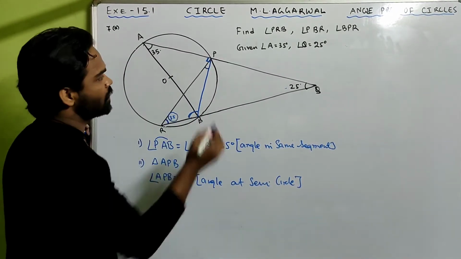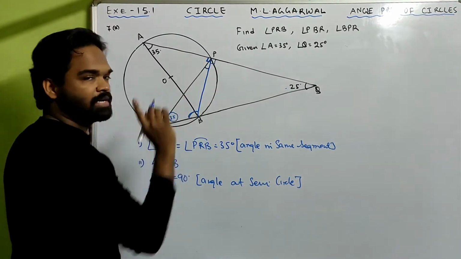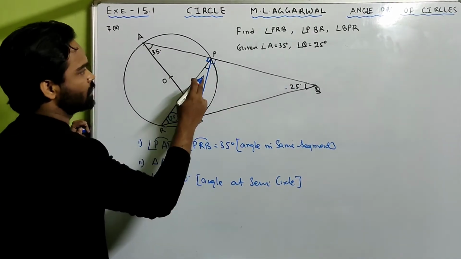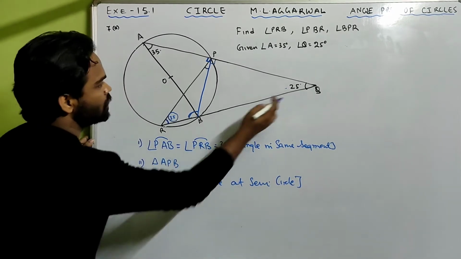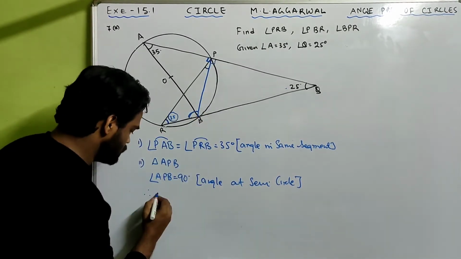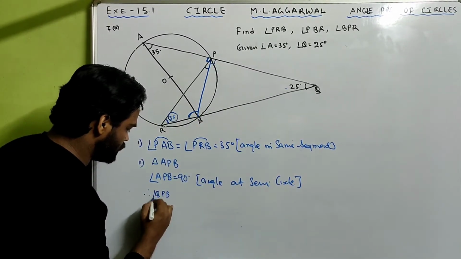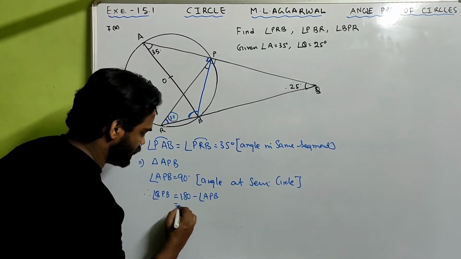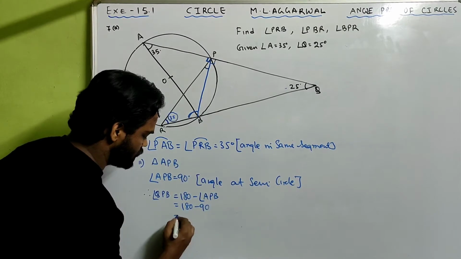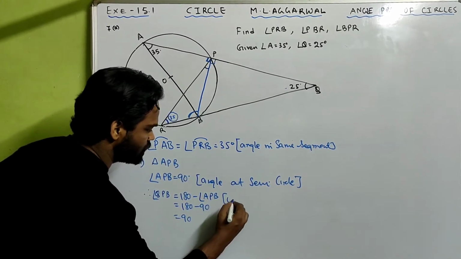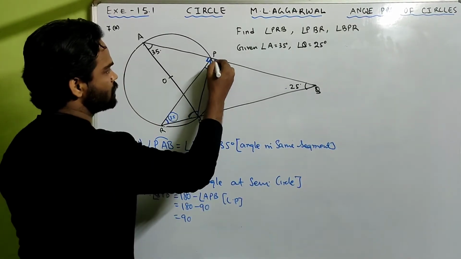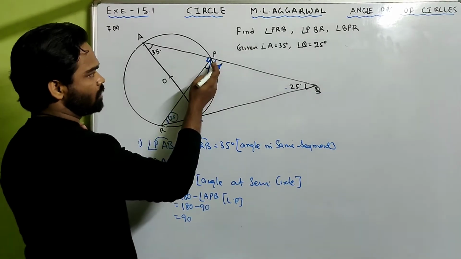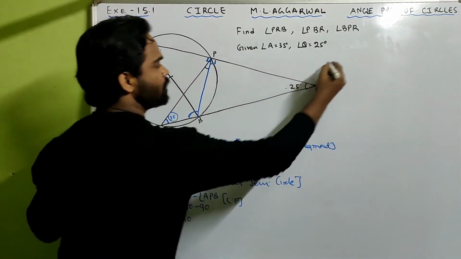Am I clear? Now this is 90, and this has to be 90 because these are a linear pair. This is a straight line. Therefore angle QPB is equal to 180 minus angle APB, that is 180 minus 90, that's 90, linear pair, isn't it? Now look at triangle PQB.